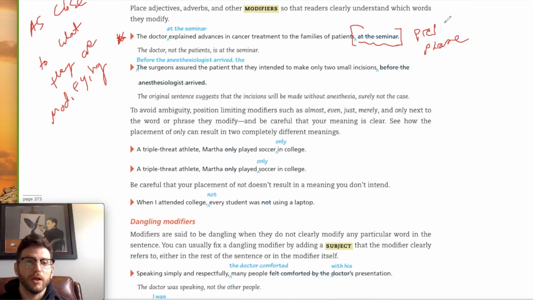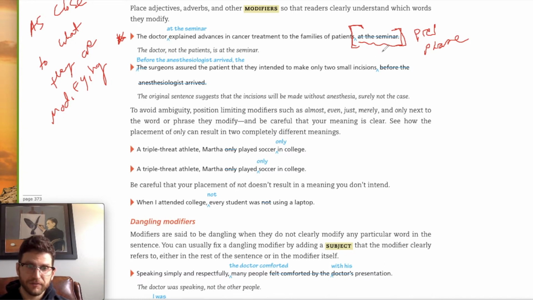Well, when it comes to modifiers, we said that we want the modifier to be as close to whatever it is modifying as possible. Now, where it's positioned in the sentence originally, if we ask ourselves the question, what is at the seminar modifying when it is in its original place here? The answer to that is, what is it coming immediately before or immediately after?